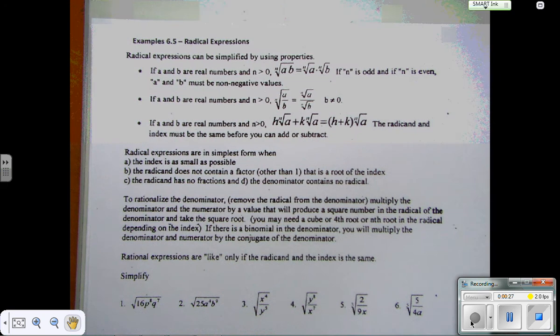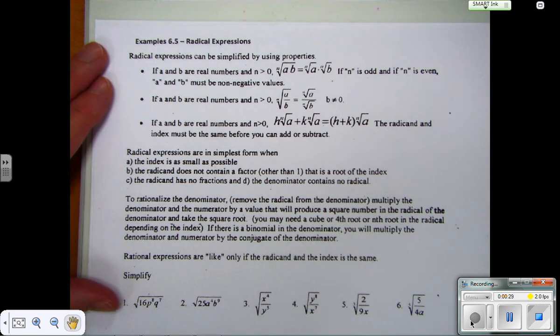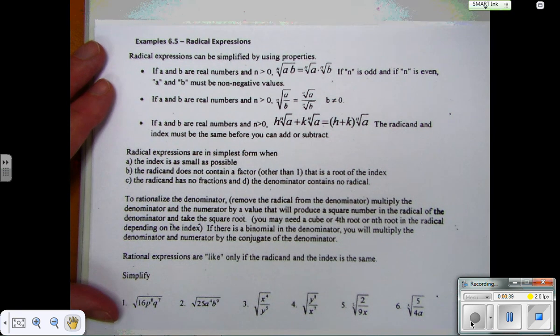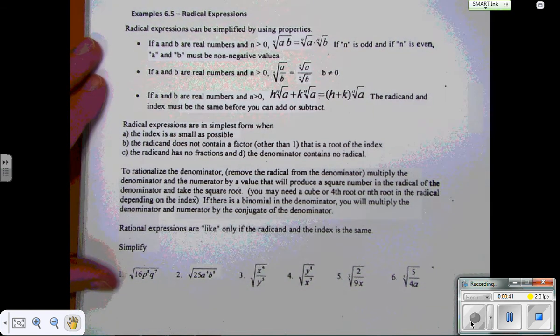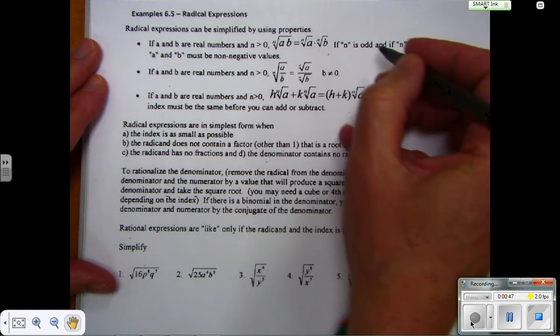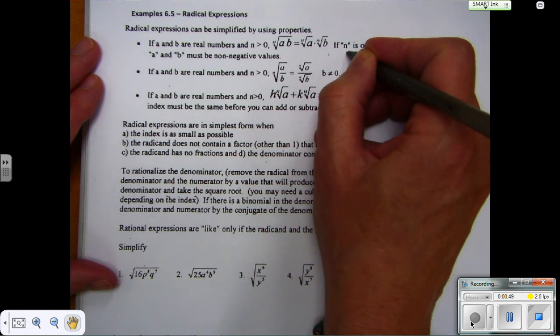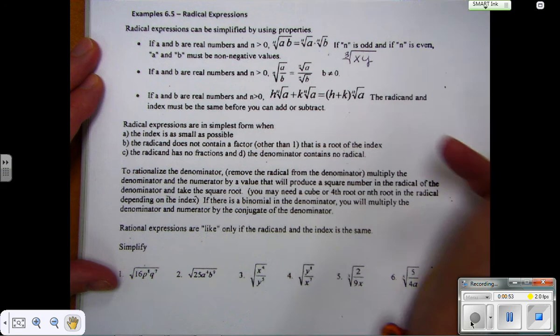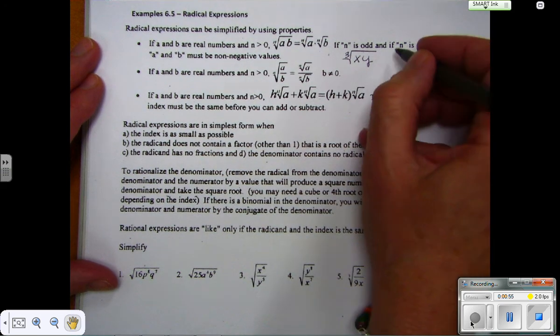So just reading from the notes, radical expressions can be simplified by using properties. And then it gives you those three properties, which I'm just going to explain to you using real numbers because it's a little kind of mumbo-jumbo whenever you're reading through the words of it. This first one is saying that if you have something like the third root of x times y, you can write that as two separate roots.